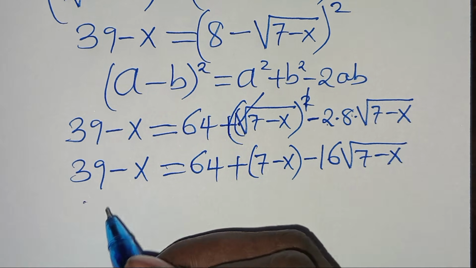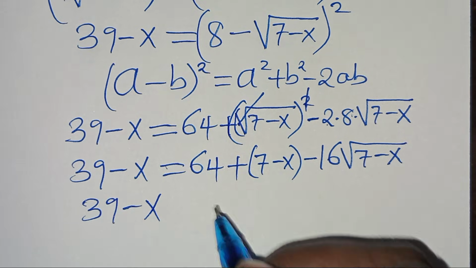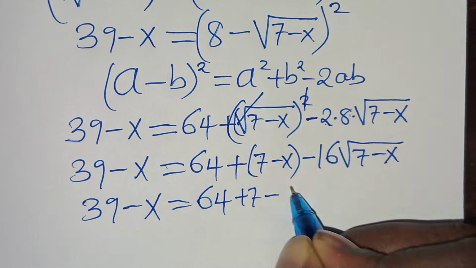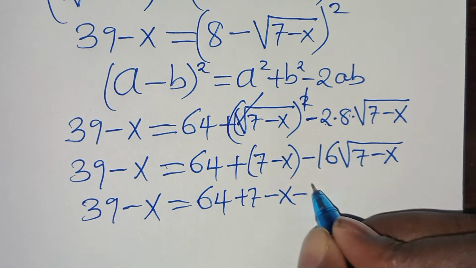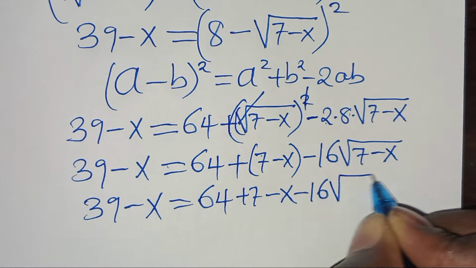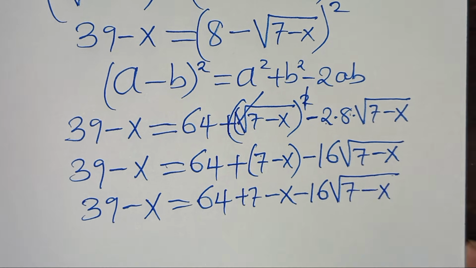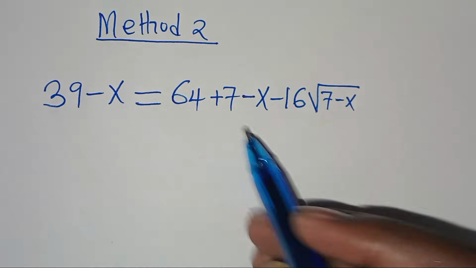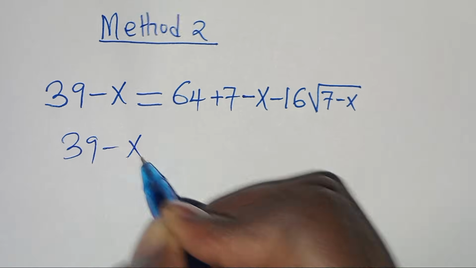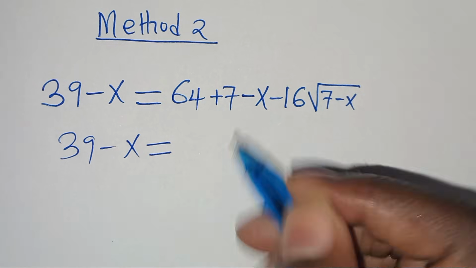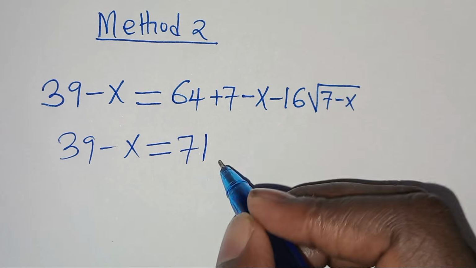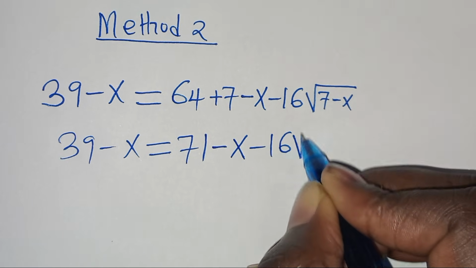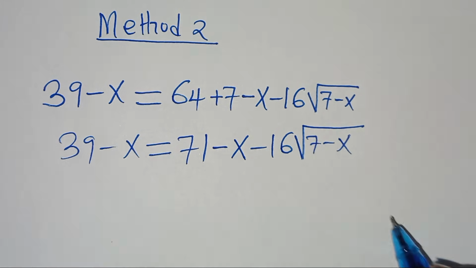Now here we have 39 minus x equal to 64 plus 7, this is 71, minus x, then minus 16 multiplied by the square root of 7 minus x.